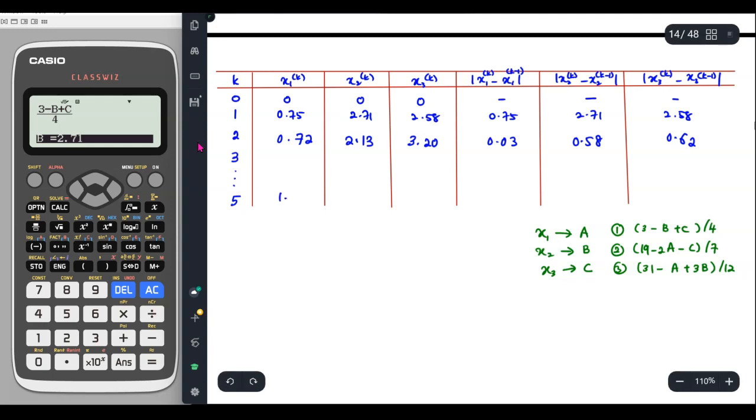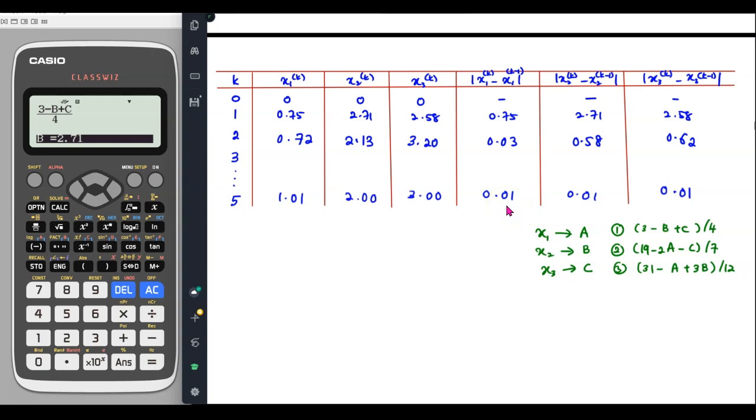At this point the value of x1 is 1.01, x2 is 2.0, and x3 is 3.0, with the errors of 0.01, 0.01, and 0.01. For this example, coincidentally, the errors are all the same, but for a different problem, they may not be. But the point is, you need to look for the maximum out of these three, and you can see for this case the maximum is 0.01, so it is already less than 0.05. So we can stop here.